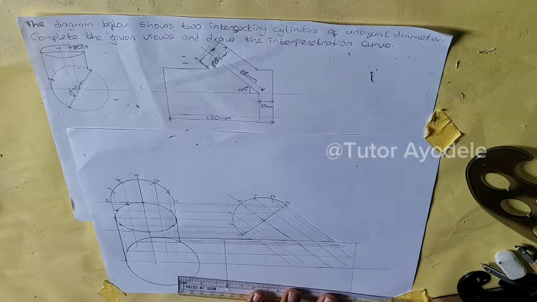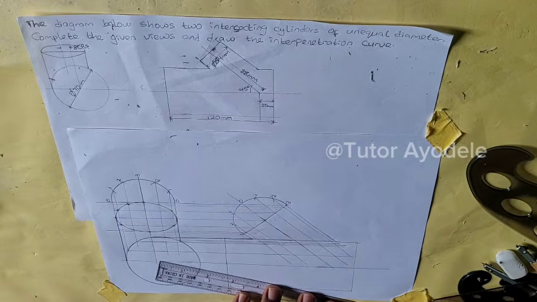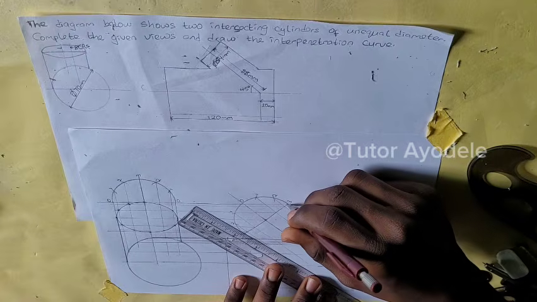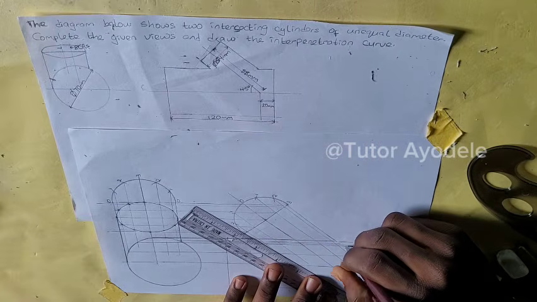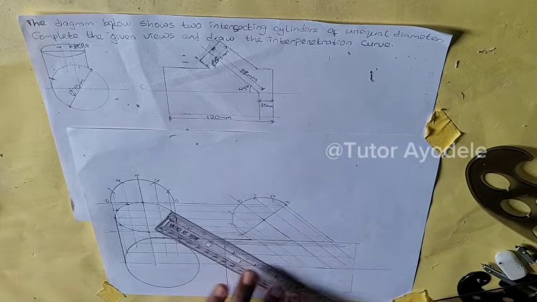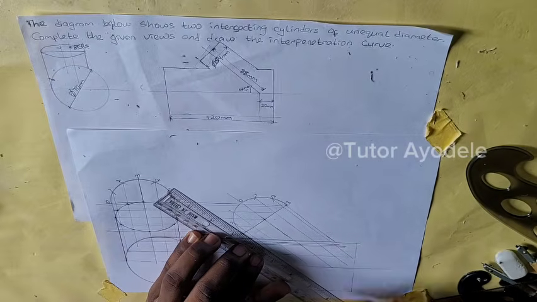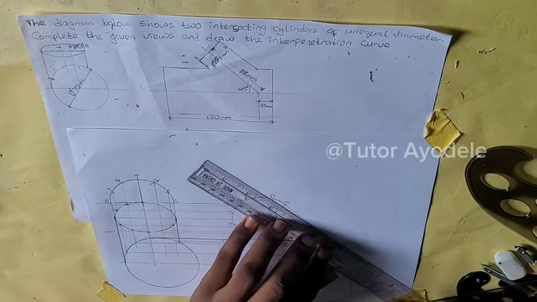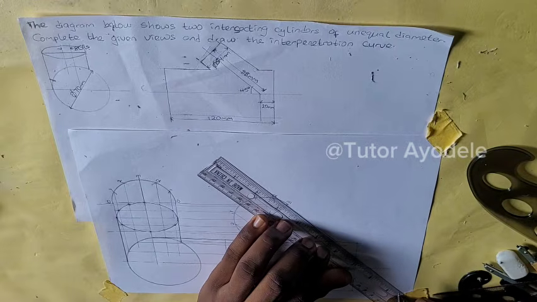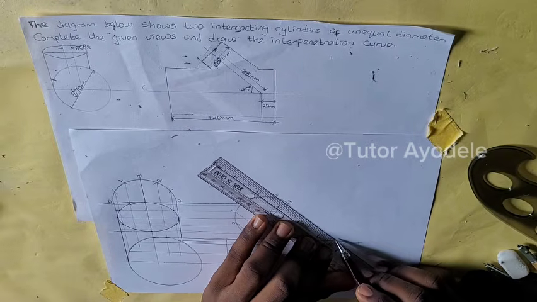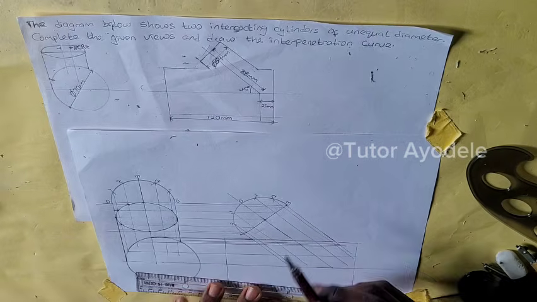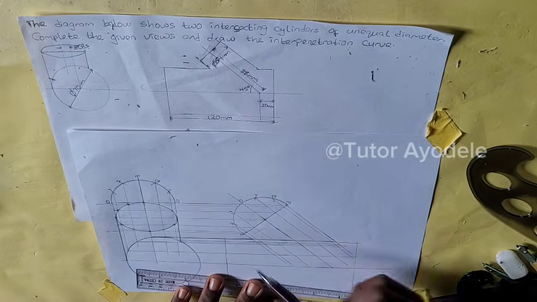The next thing I'm going to do is extend this number 3 line downwards. I'm going to extend this one downwards. Okay. Then we start marking.